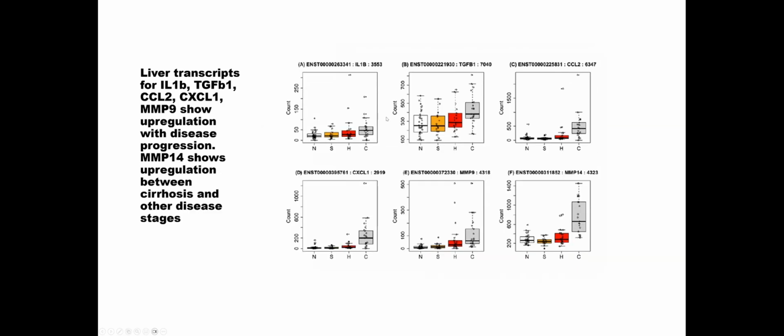And then if you look at all the genes and metabolites I highlighted to you, and the genes involved in inflammation, you can again see a significant increase in progression across the disease. For example, liver transcripts show upregulation with disease progression. MMP14, for example, shows a difference between cirrhosis and other disease stages. Look at MMP14. This is all going towards the cancer.